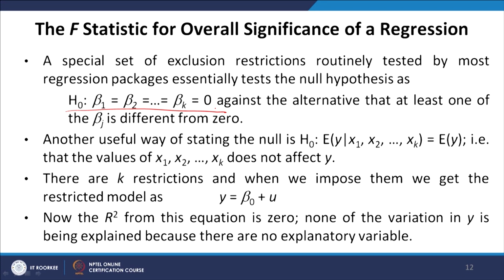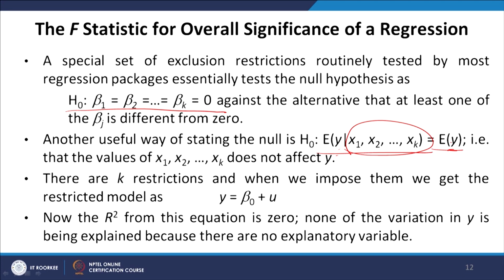Another useful way of stating the null is that the expected value of y given x1, x2 to xk is equal to the expected value of y, that is, the values of x1 to xk do not affect y altogether. Conditional upon x is as good as non-conditional upon x. So, y is independent of x, or the expected value of y is independent of x.